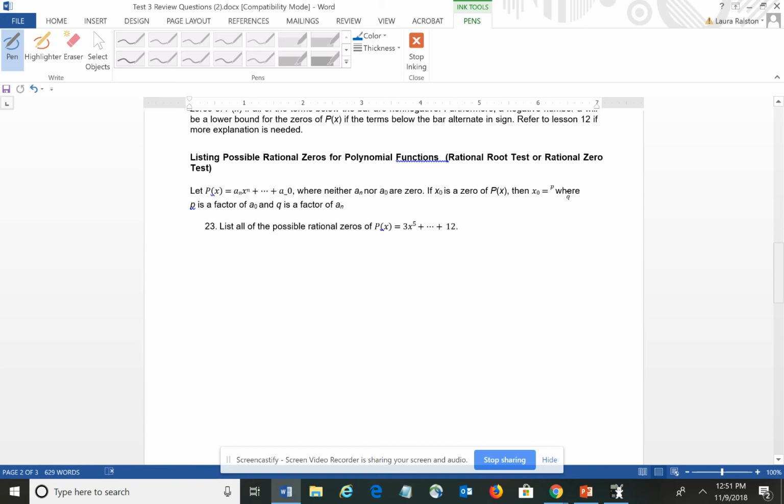It's called the rational root test or the rational root theorem, sometimes called the rational zero theorem, that helps to narrow that list.